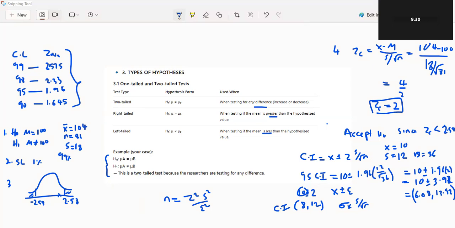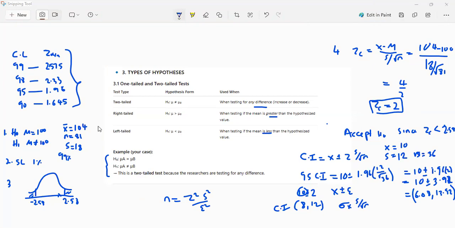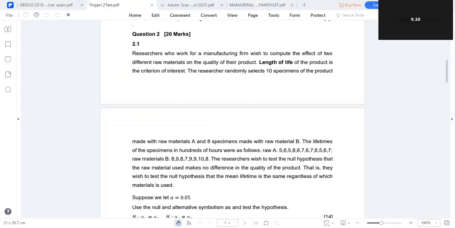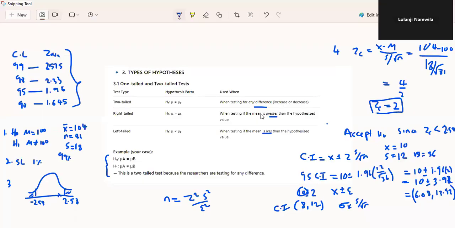Right. Now, I have a question. Yes, there's a question, okay? Sorry, bring back the... yes. When we found the confidence level, yes.